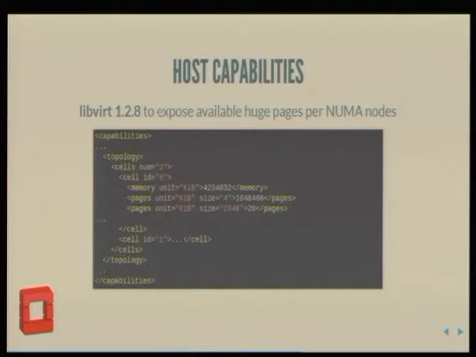This version of libvirt and above exposes the information about pages available in the host. So same as before, we can grab this from all the compute hosts and consider this when placing VMs.